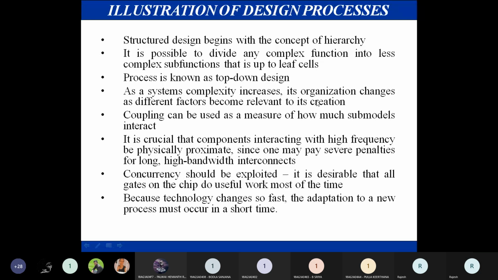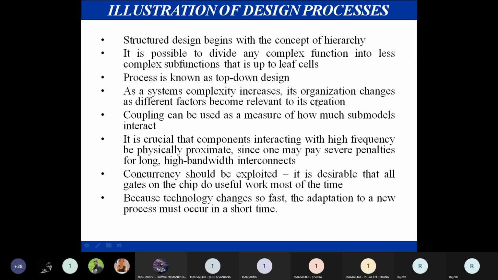Those components having interaction must be physically proximate, meaning they must be very near, and concurrency should be exploited. It is desirable that all gates on the chip do useful work most of the time. What is concurrency? While certain subsystems are working with the processor and exchanging data with the memory, some other logic is done in parallel in the other subsystems.